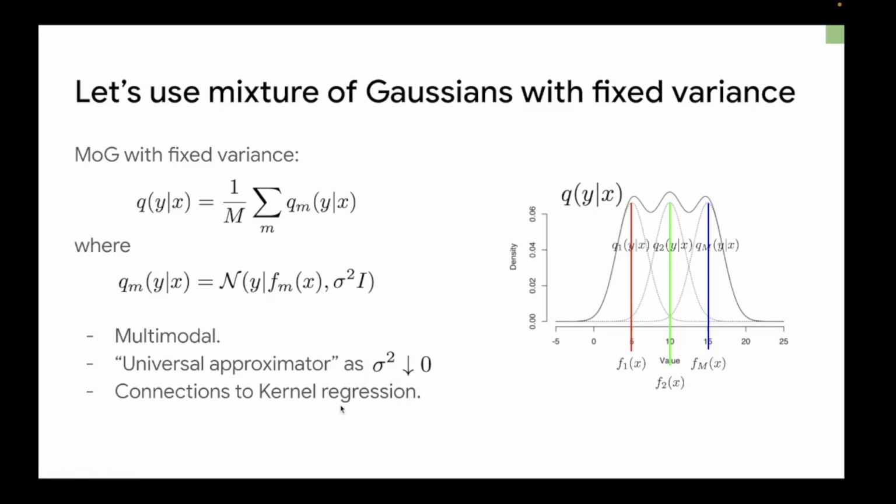Does anyone know the name of this estimator? No? Okay. And there they say if you reduce the size of sigma according to, I remember, maybe 1 over n, the number of samples, or 1 over square root of n or something, then you're recovering the true density distribution arbitrarily well.